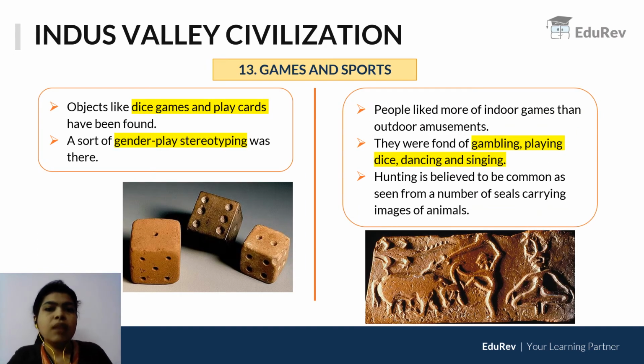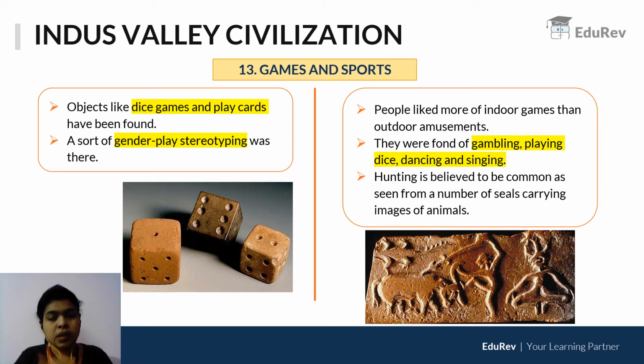And coming to games and sports, of course, we are dealing with the social life of the people, which means we cannot neglect the entertainment aspect of the people. So, one form of entertainment for the people was hunting, gambling, and playing dice.